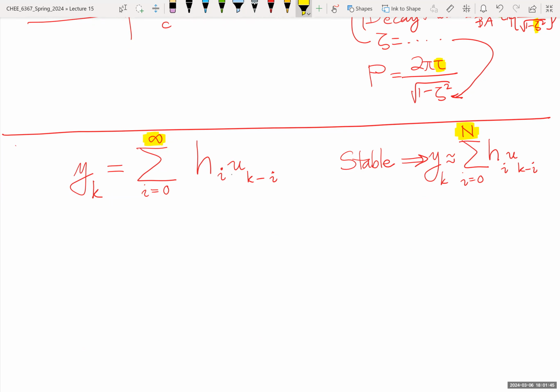And this is because hi go to 0 as i goes to infinity. So this is what creates that. In other words, if I plot these coefficients hi, I get values which may be something like that, but they die out as I go like this, right? These values.